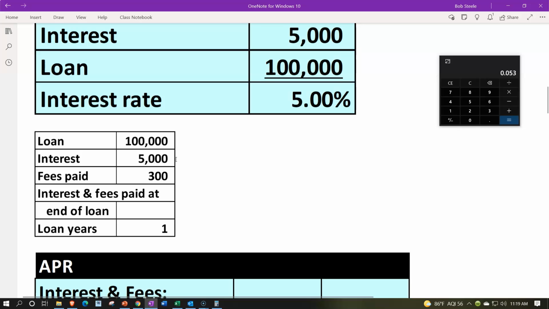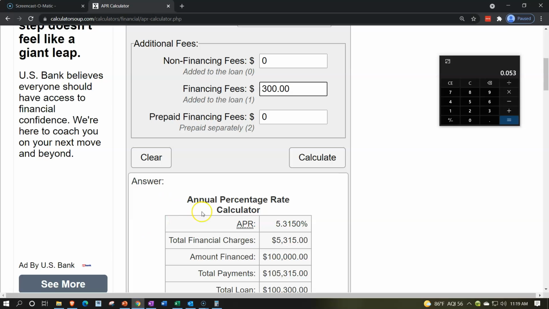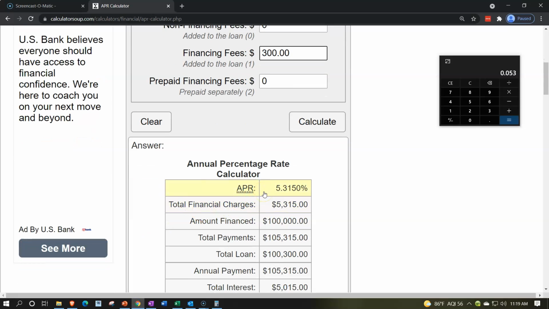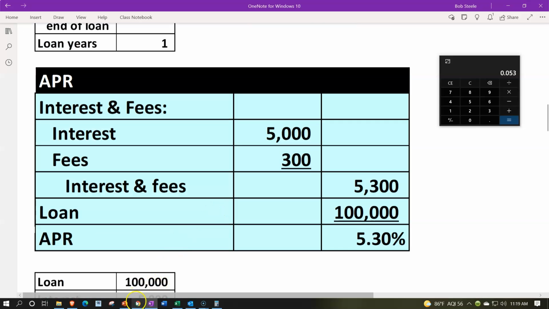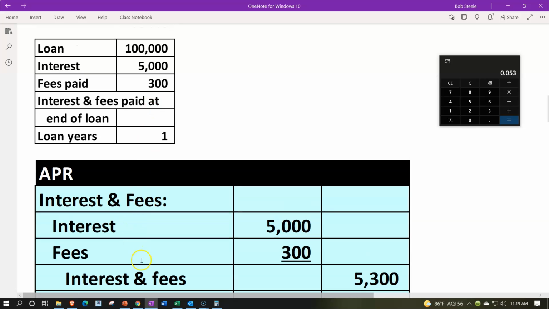So the person that generated the loan basically paid themselves with the loan and then tacked on the fee that we're going to pay throughout the loan, which in our case is just 1 year later. So that means the fees are on there at the beginning. That's why it's a slightly different calculation with the 5.315 compared to what we got at the 5.3, because our assumption here is that we put it on the end.